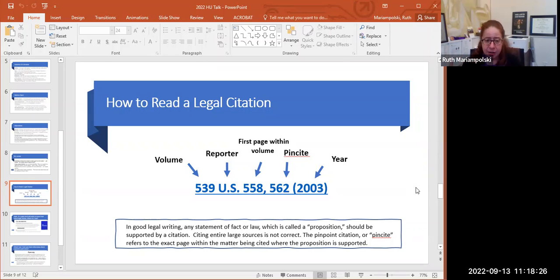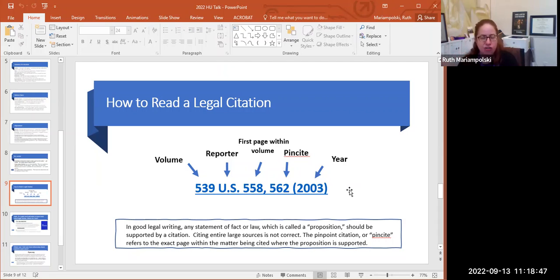So as a reader, if you're seeing a pin cite saying something you may find controversial, you can go exactly to the page and see exactly what it says. And then last but not least, you'll see the year of publication.